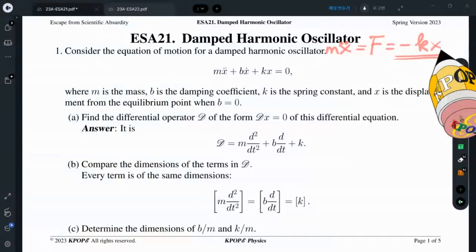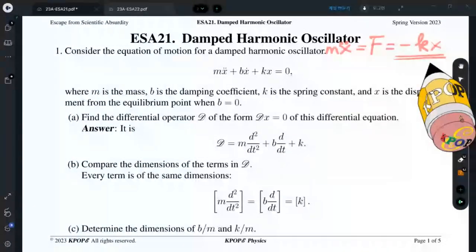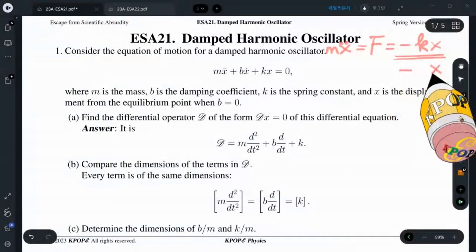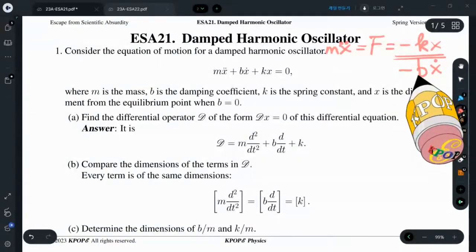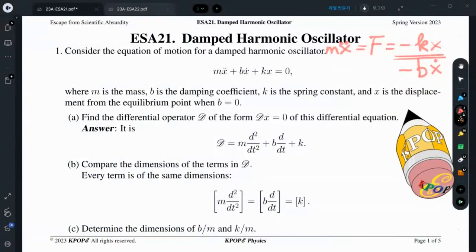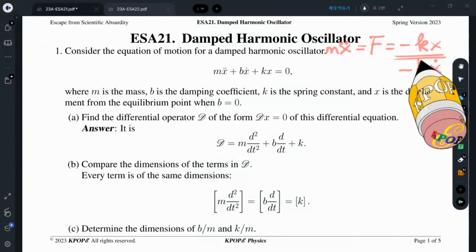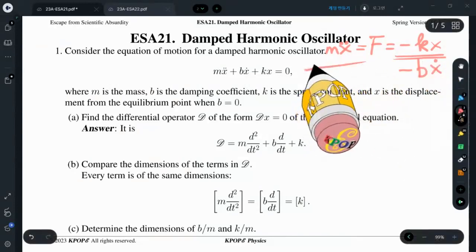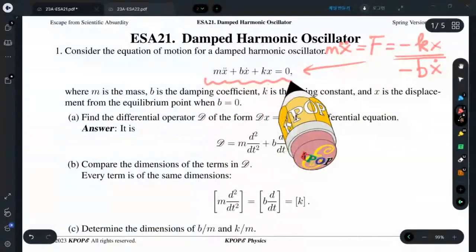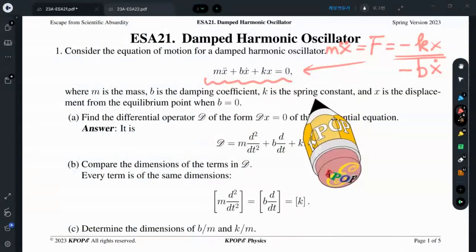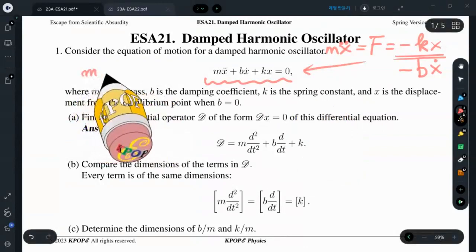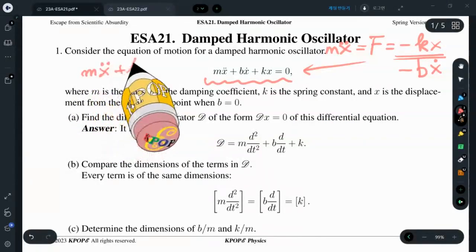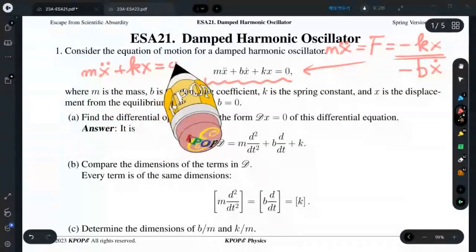vanishes. If there is a damping force in addition that is opposite to the velocity with some positive coefficient, the damping coefficient, in that case the second order linear differential equation becomes the equation of motion. As we learned yesterday, this equation can be reduced into a very simple form that is consistent with the mass spring system.